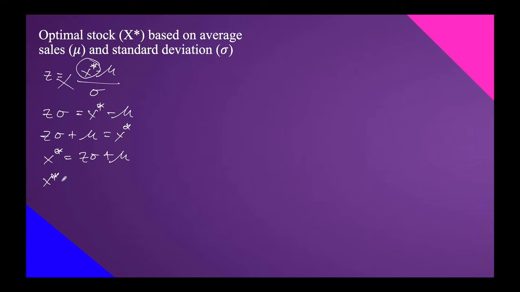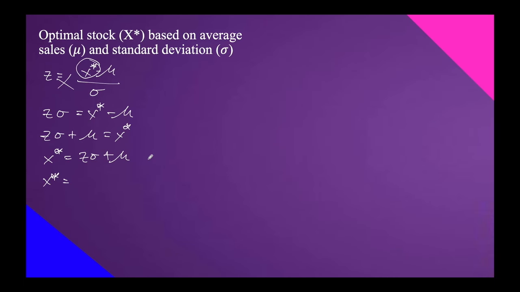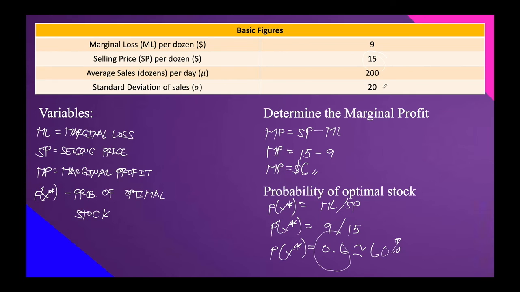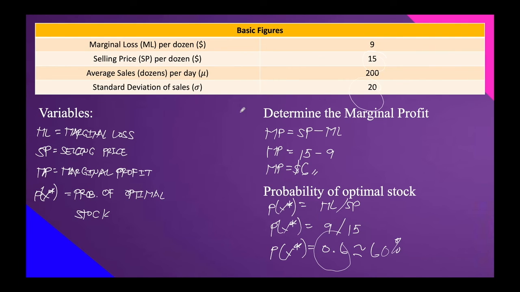And direct substitute na natin. So, what is the value of z? Negative 0.25. So, let's write it here. Negative 0.25. Value of sigma, we have 20. So 20 here. Plus mu. Our mu is 200.